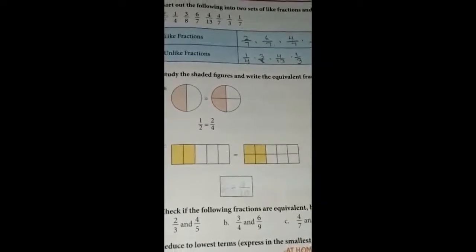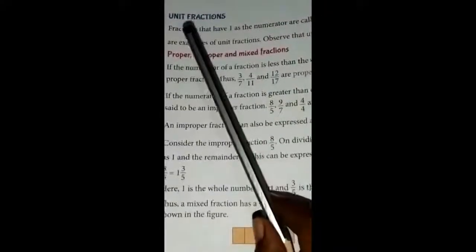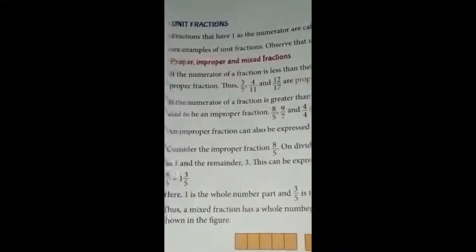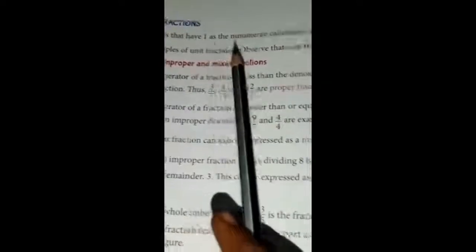Today we are going to learn one more new concept. Students, this concept is unit fractions. Let us know what unit fractions are. So students, fractions that have 1 as the numerator are called unit fractions.